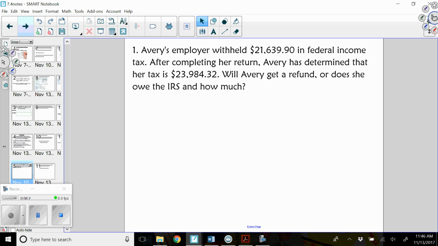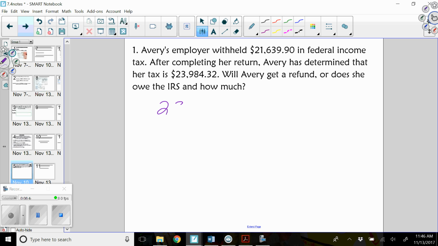So if her employer withheld $21,000, and she did her tax forms and figured out her tax should be $23,000, she doesn't get any money back, right? She owes. How do we figure out how much she owes? It's just subtracting them.